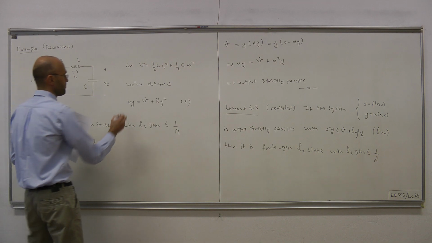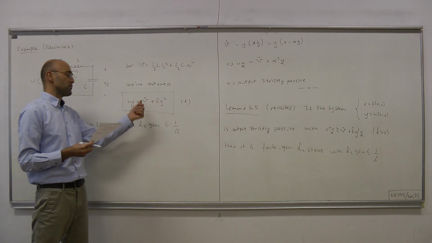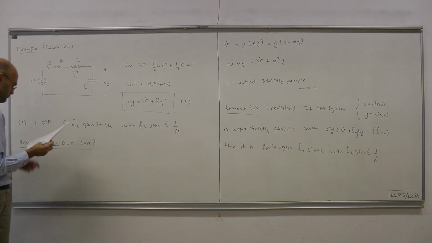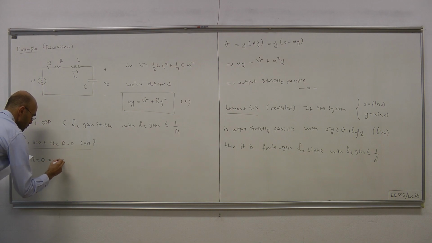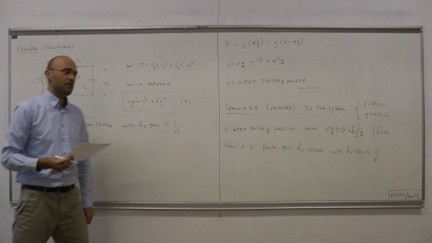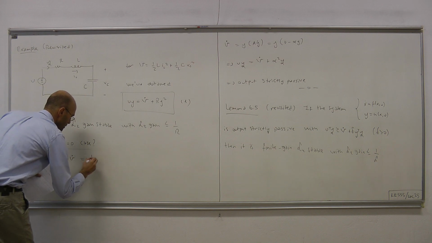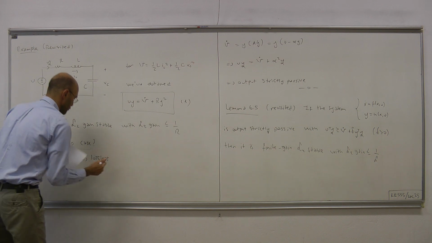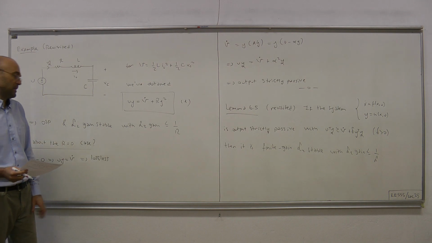In that case, u times y exactly equals V dot, and then we know by definition that that's a lossless case. That would be analogous to the frictionless mass spring system in a sense.